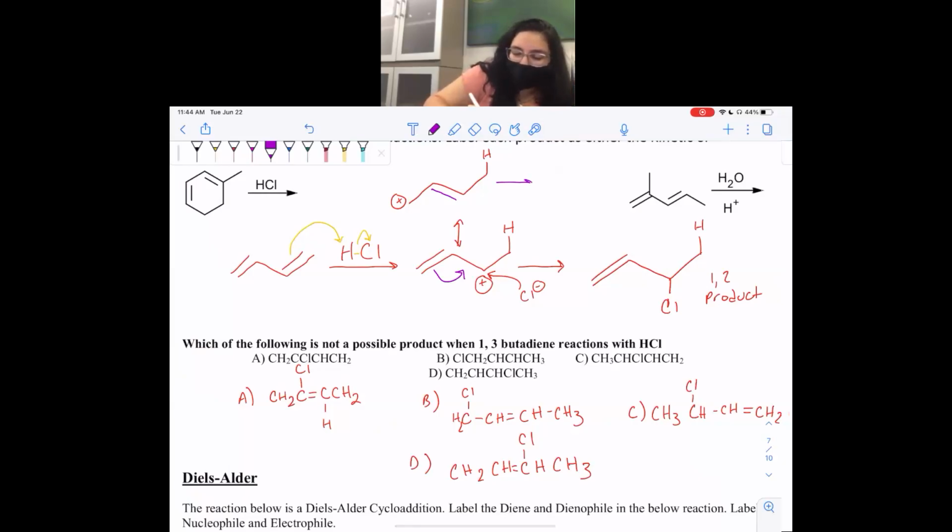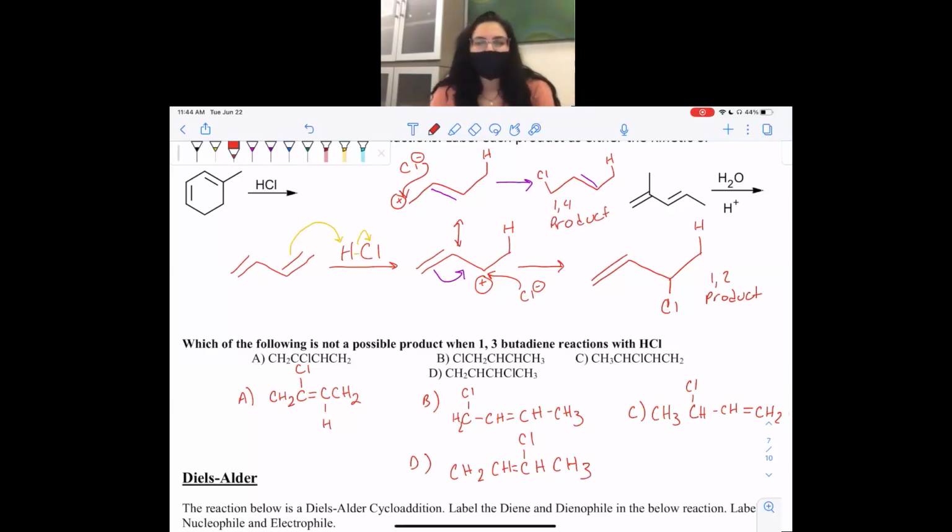And once the chlorine attacks, we get HCl, our double bond. So now we get the 1,4 product.